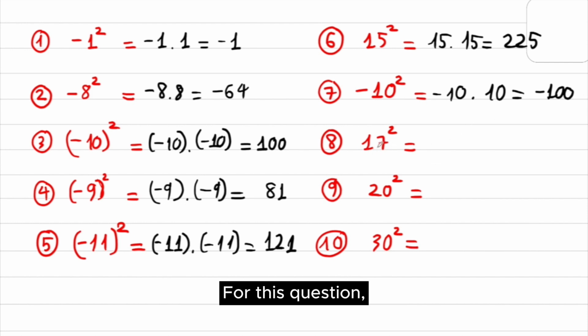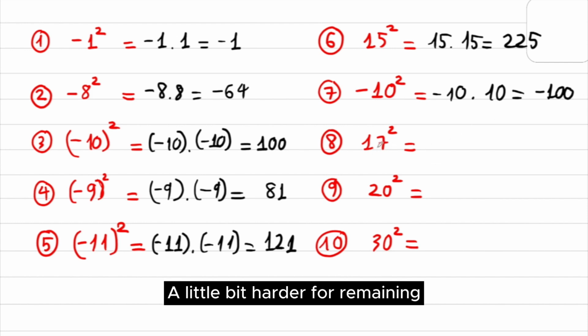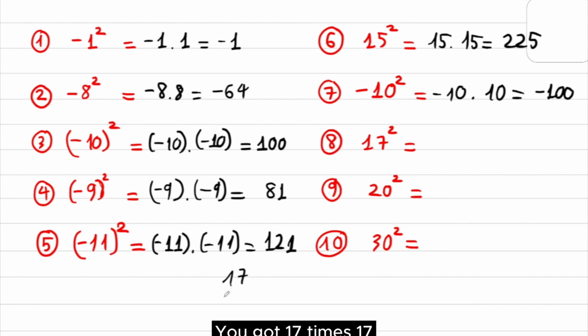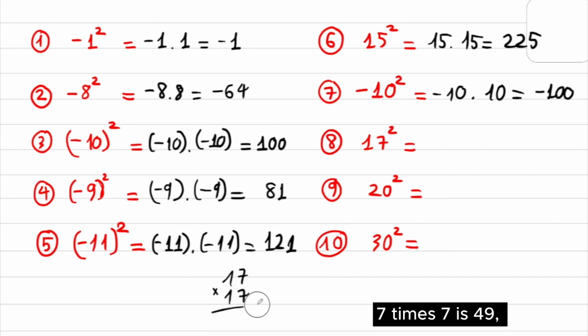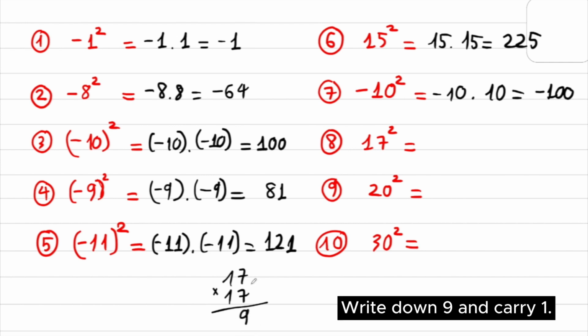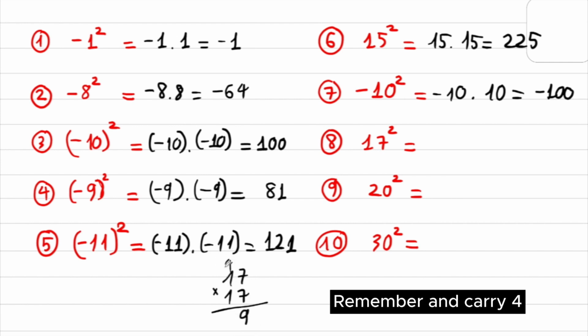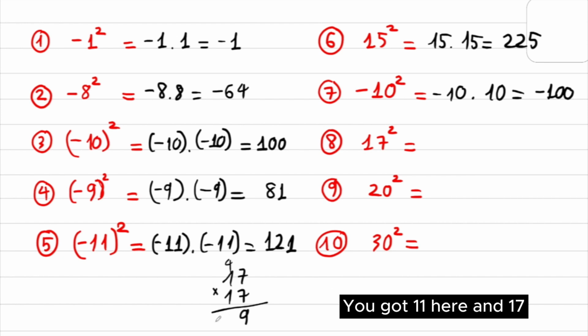For this question, yeah, a little bit harder, but I think you can calculate by yourself. You got 17 times 17. 7 times 7 is 49, write down 9 and carry 4. 1 times 7 is 7, plus the carry 4, you got 11 here, and 1, 7.